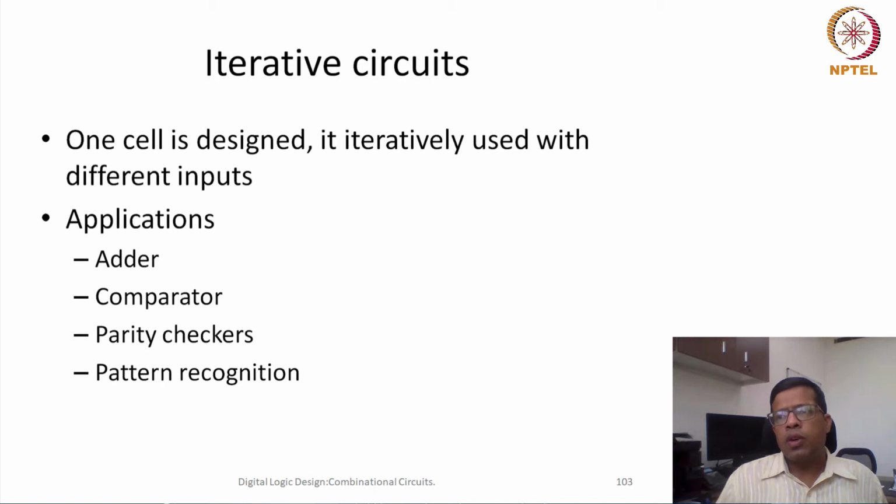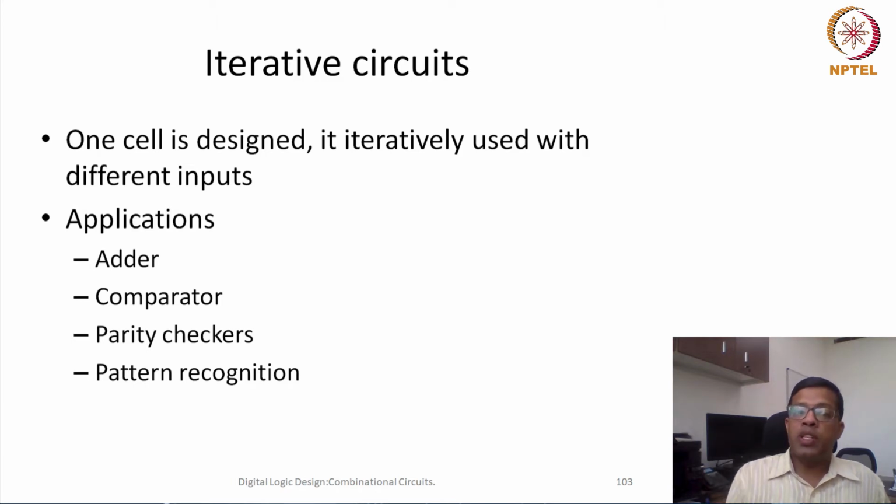In our last couple of lectures we have also seen some utilization of iterative design. For example, in ripple carry adders, one full adder was an iterative circuit which was repeated again and again.